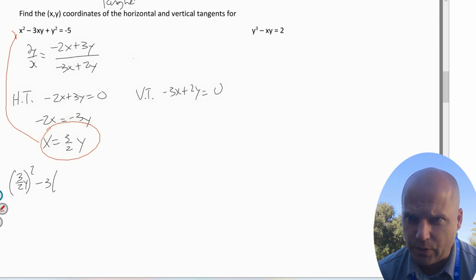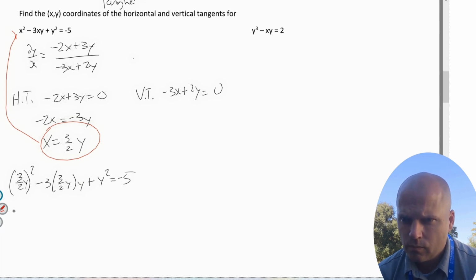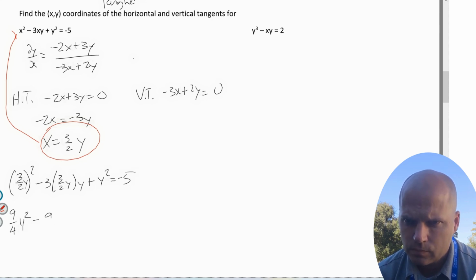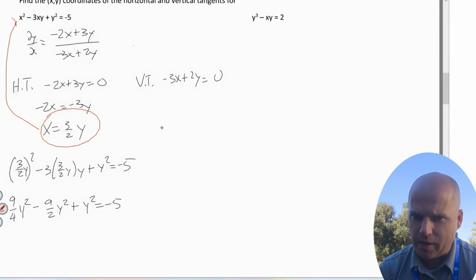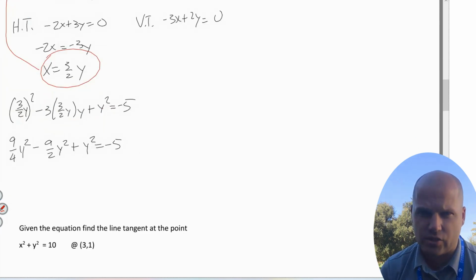Wherever you see x, replace it with 3/2 y. Now, what do I want to do? I want to combine all my y squareds.